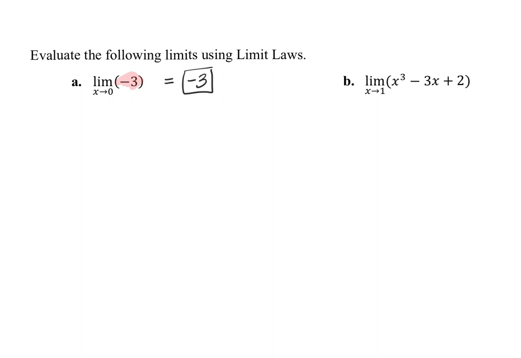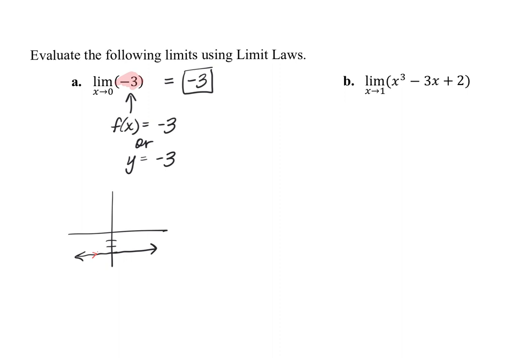Now, if you think about this as a function, you could write this as the function f of x is equal to -3, or you could just think of it as y equals -3. And remember, graphically, y equals -3 is just a horizontal line. So we have this horizontal line here at -3, and we're looking at the limit as x approaches 0.